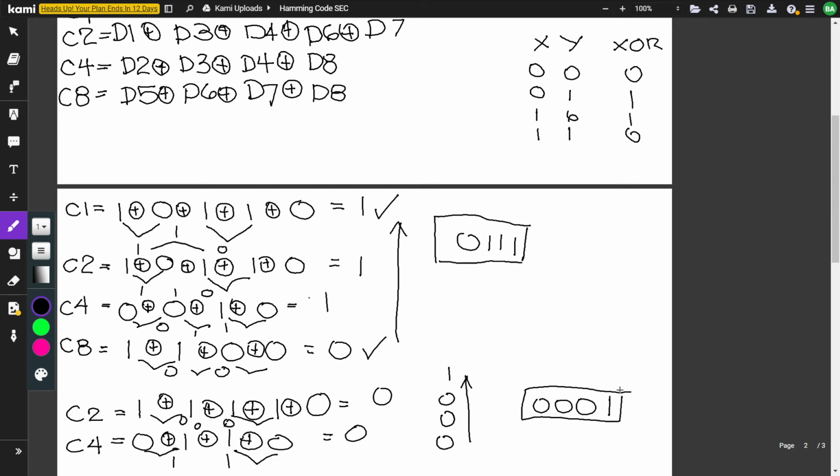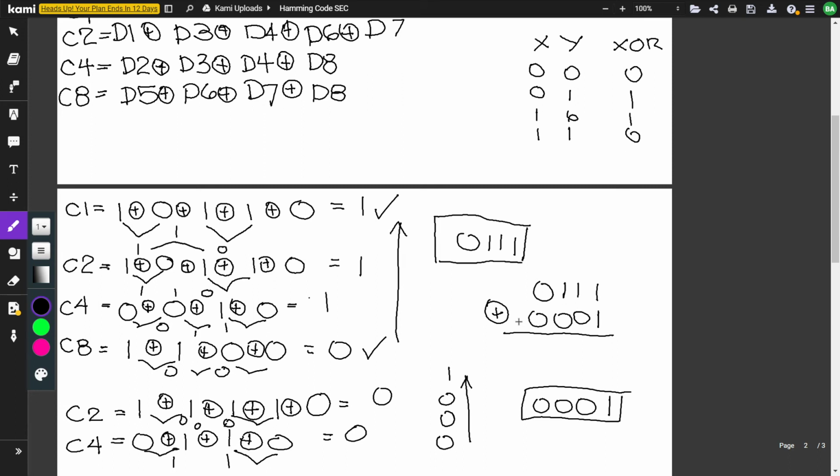So we already have the two values. What are we going to do here? We're going to XOR the check bit of the original word and the check bit of the word which has an error. So rewrite 0, 1, 1, 1, and then the operation is XOR, then 0, 0, 0, 1.